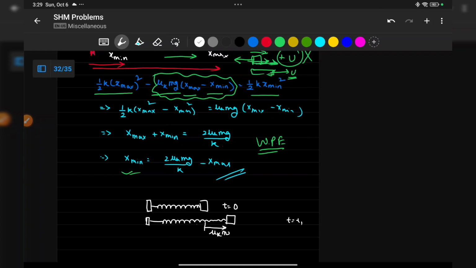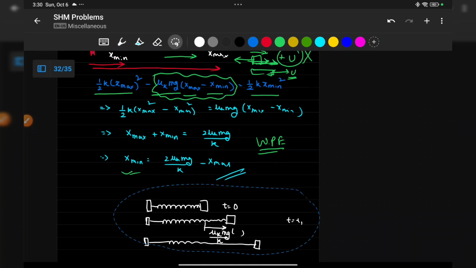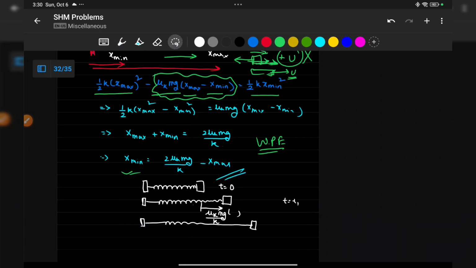But still of course friction is more than this, because friction was in auto adjusting mode. Then what happens? After a certain time, the block goes to this. Okay, just wait. Here it is mu s mg by 2. After that, the block will go towards this, this is x max.